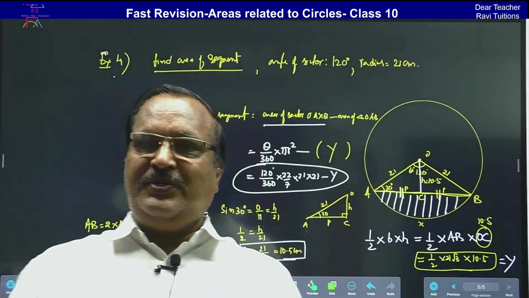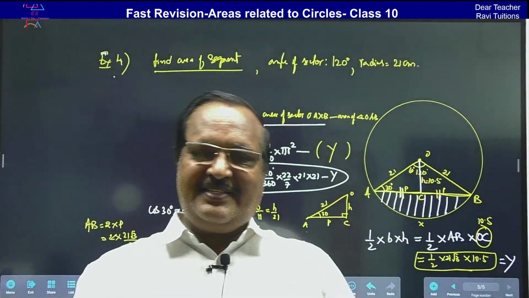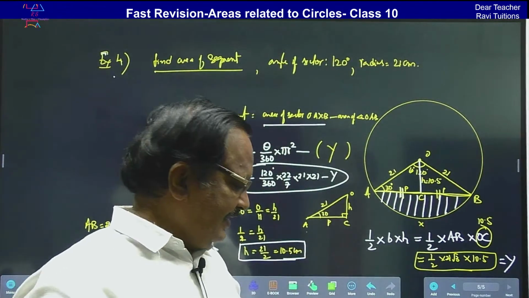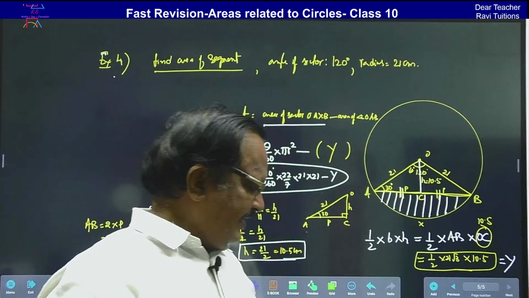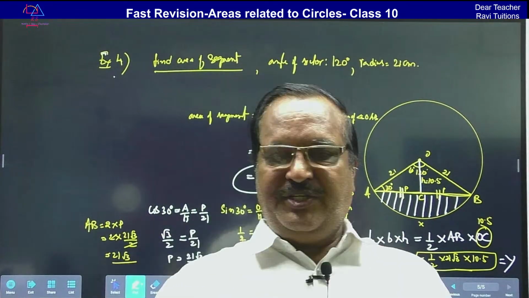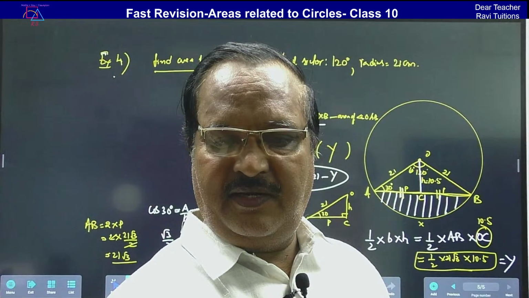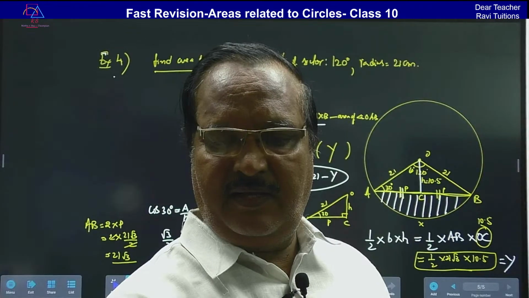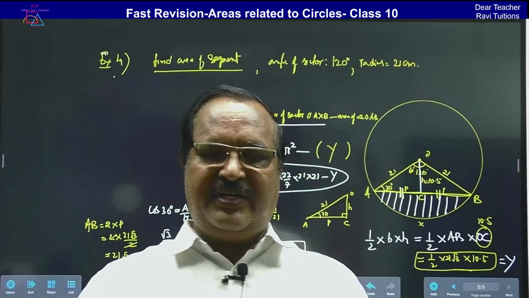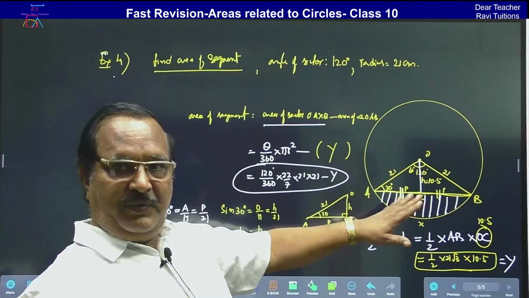I want you to complete this simplification. You have to complete the calculations, right? So, I hope you have understood. Please respond. Stuti Mishra, did you understand segment area? So, now we got the minor segment area.